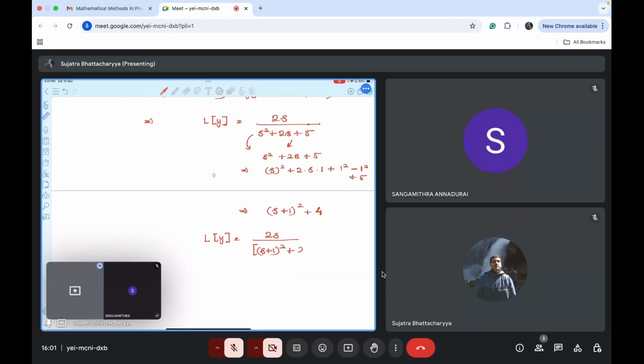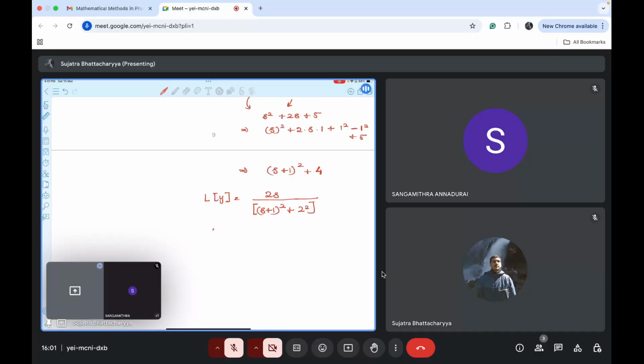So this is plus 2 square, you can write. Now it's easy. So y will be what? L inverse of 2s upon s plus 1 whole square plus 4.